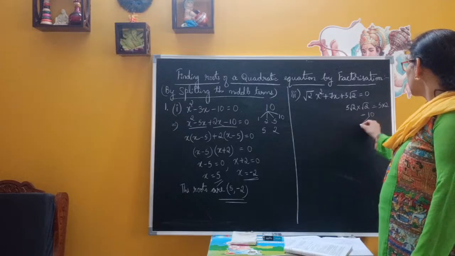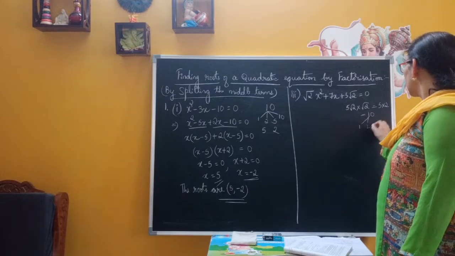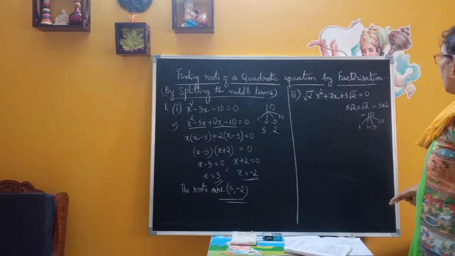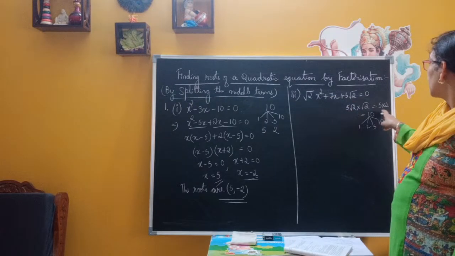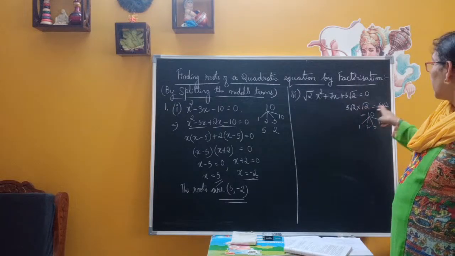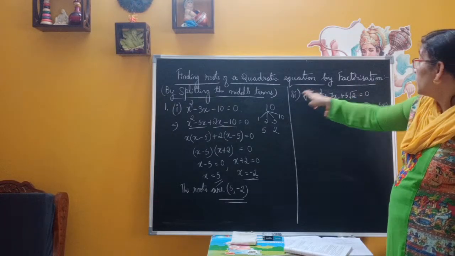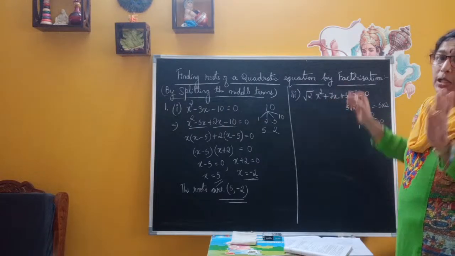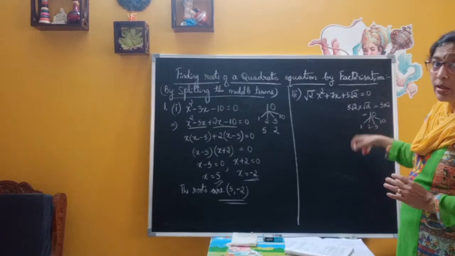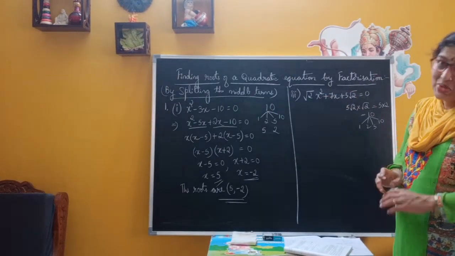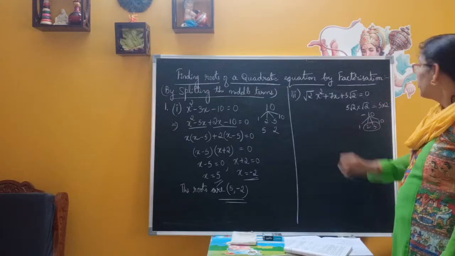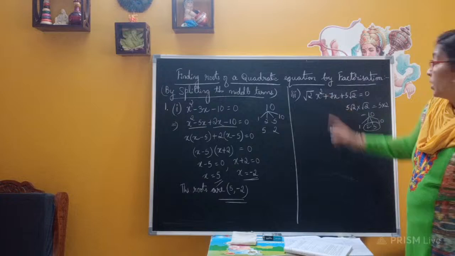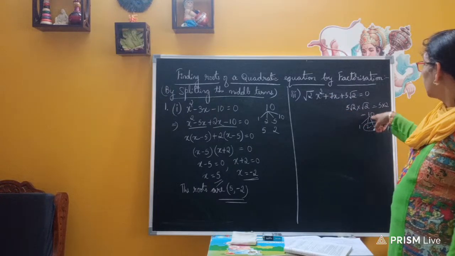So which are the factors of 10? Yes, 1, 2, 5 and 10 itself. Now you choose the factors such that the product must be plus 10, because here also plus into plus is plus 10, and the sum should be plus 7. When we multiply we should get plus 10, when we add we should get 7. You can easily say 2 and 5, because 2 plus 5 is 7 and 2 into 5 is 10.